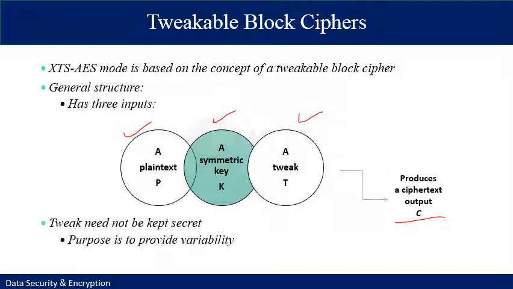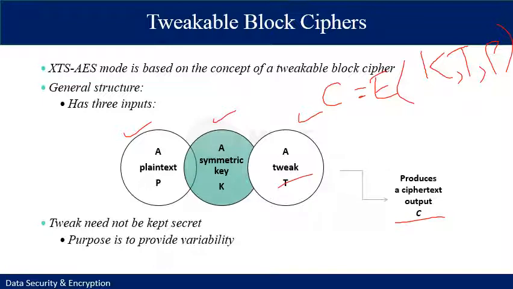So you can write the statement much like the previous term, that cipher is an encrypted form of your key, your tweak, and your original plain text. However, the tweak need not be kept secret, and it can be public.